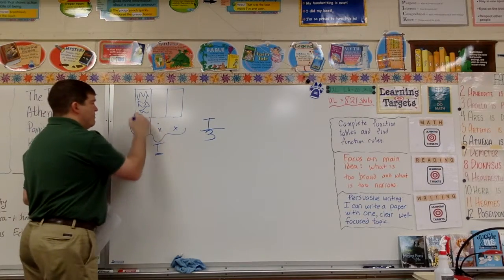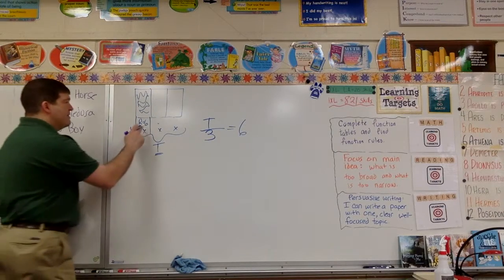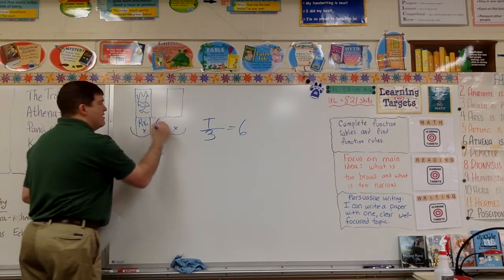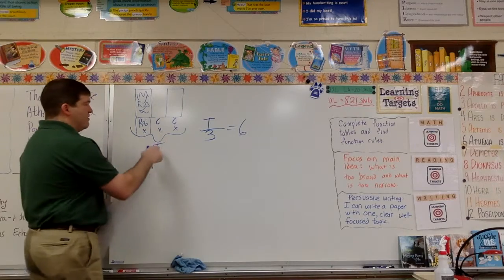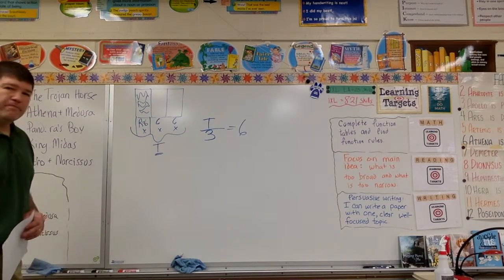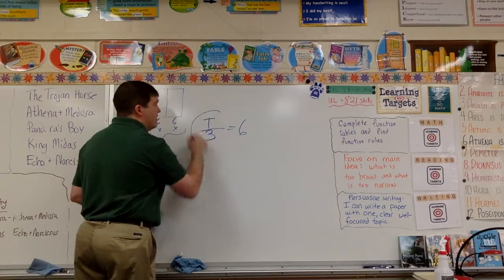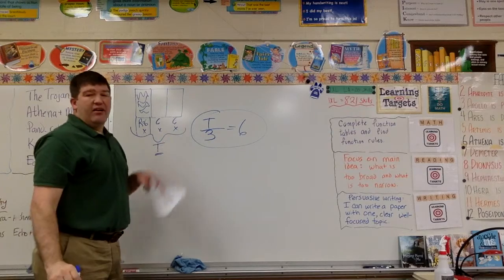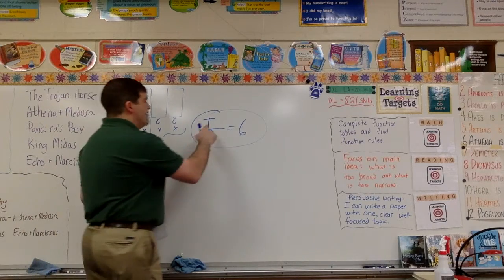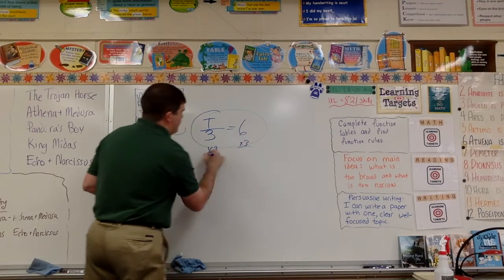One of them is going to get me 6, because I know this is 6, this will be 6, this will be 6. So this total divided 3 ways has to be 6. I just don't know what the total is. But I can figure it out now that I have this, because I want to get t all by itself. So it's divided by 3, so I times each side by 3.